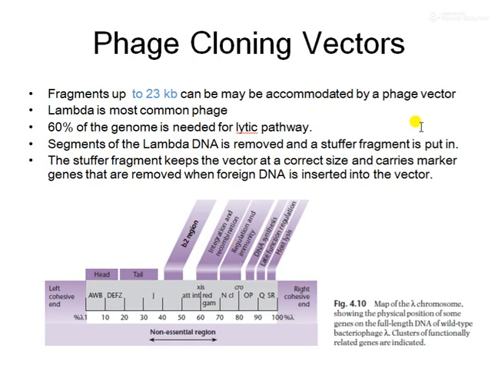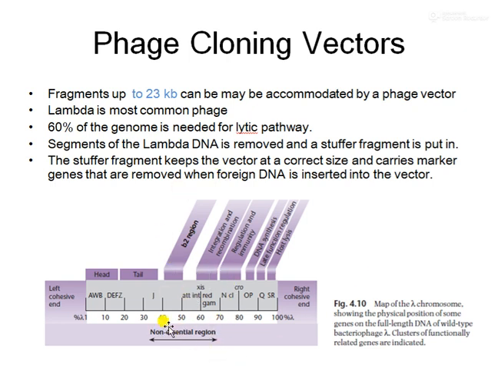If you consider the phage DNA, about 60% of its genome is needed for its lytic cycle, and there are certain non-essential regions in the phage genome. So we have utilized phages as a good vehicle for recombinant DNA technology by removing these non-essential regions. Which regions are non-essential?